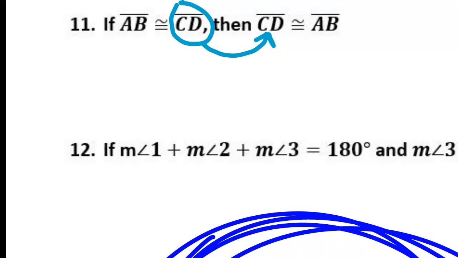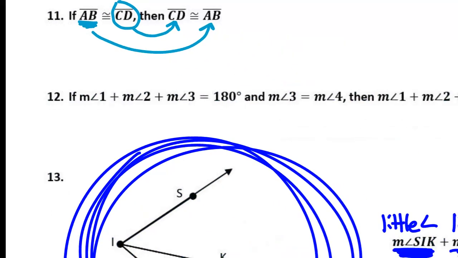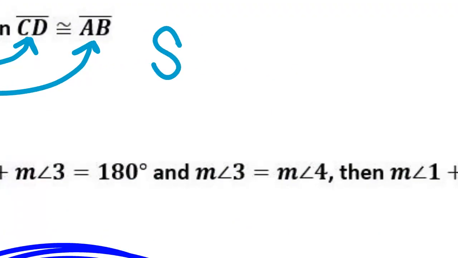It did go over to the left. AB was on the left. It flipped over to the right. Other than that, nothing changed. No new letters, no new numbers, no pluses or minuses, no anything like that. Just took this and flipped it around. That's the symmetric property. Nothing changes, it just lets me flip. Symmetric property.